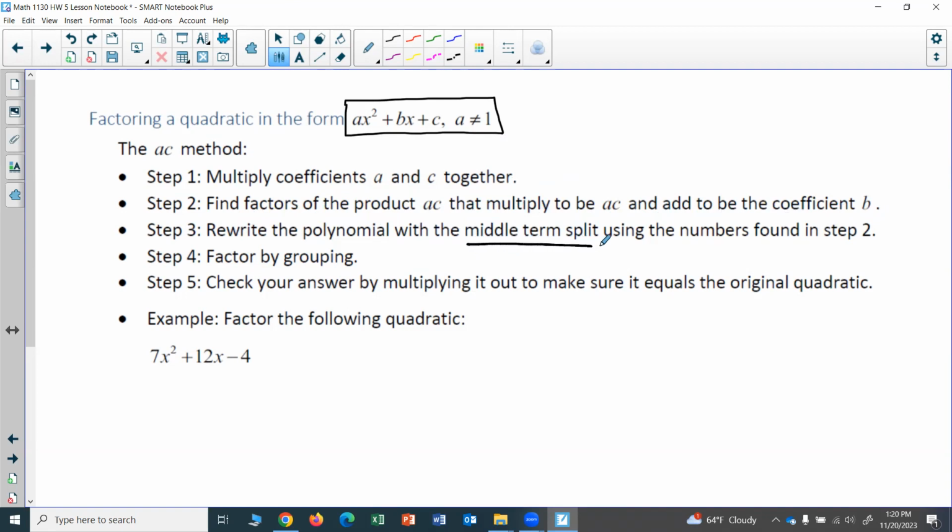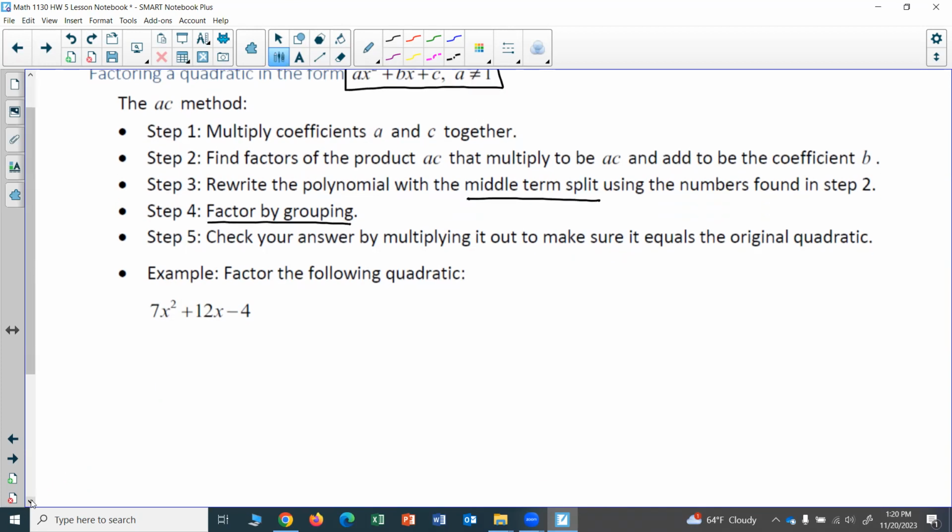So at that point, you have not factored, you've just split the middle term, and then you have to factor by grouping. So there's several steps involved. When you get to the end, you definitely want to check your answer by multiplying it out and making sure you get your original equation.